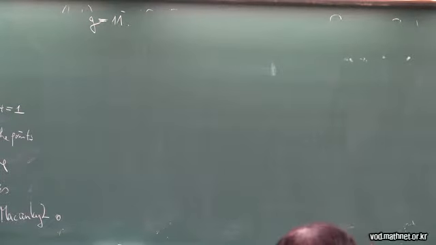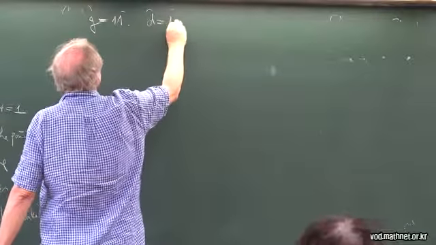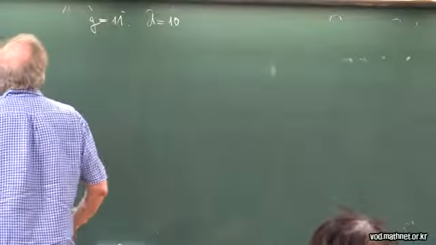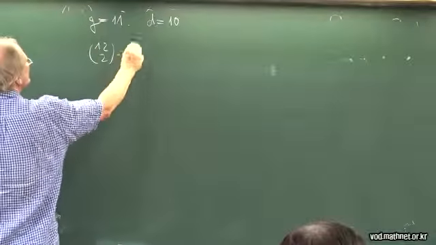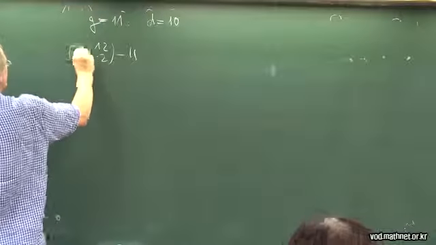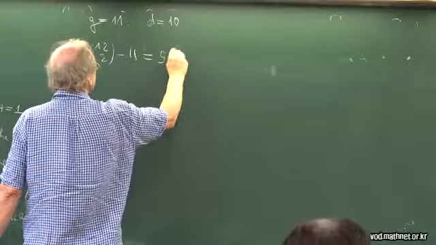So now d is 10, I believe. And so I get 11 choose 2 minus 11 double points, which is 55, I guess.